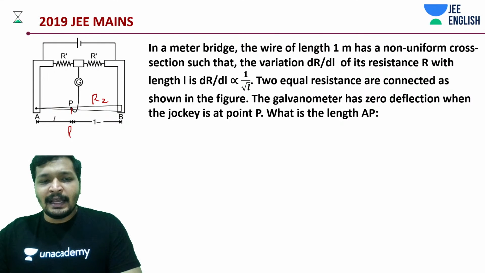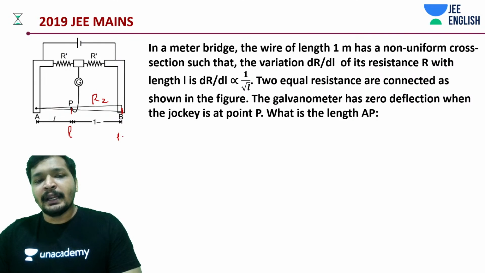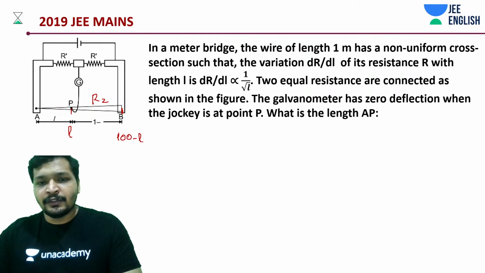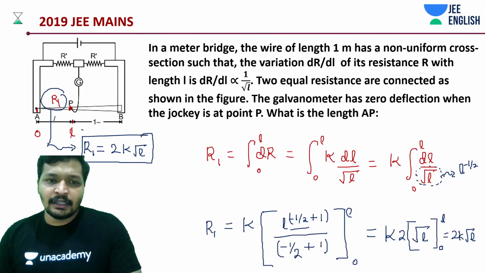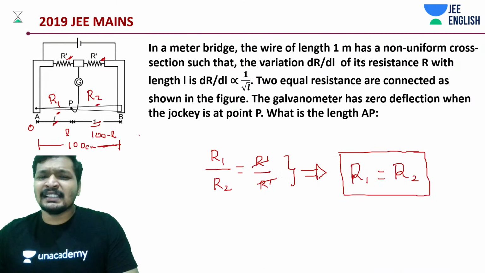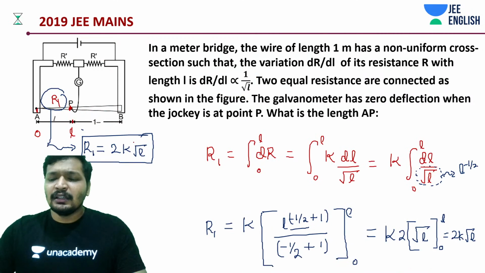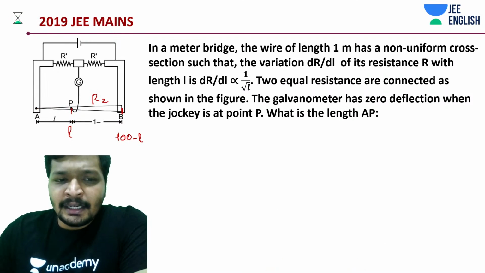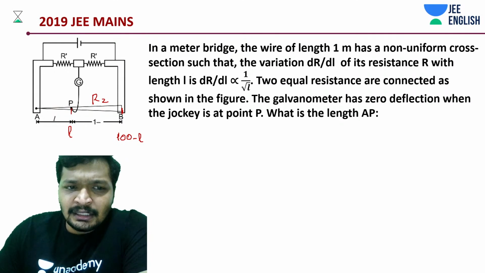Limits from L to that of 100 minus L, if you are going to take it in terms of centimeter, because what is your answer given in meters? Okay, well, let's take it as centimeters. That is little easy. Okay, so 100 minus L, that's it.